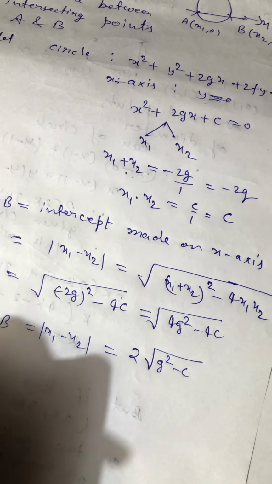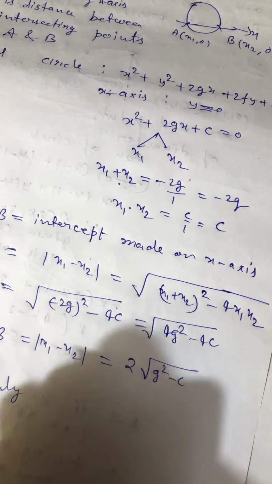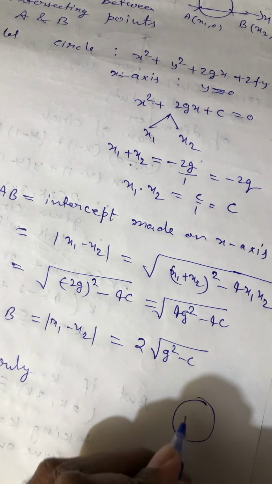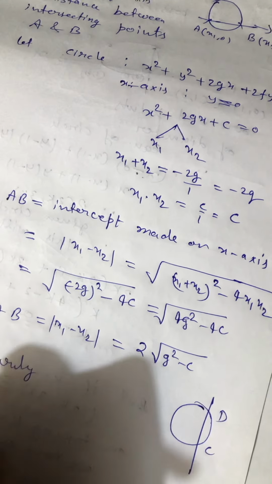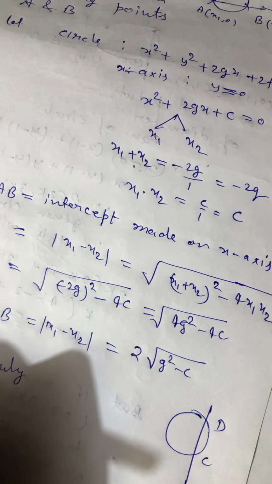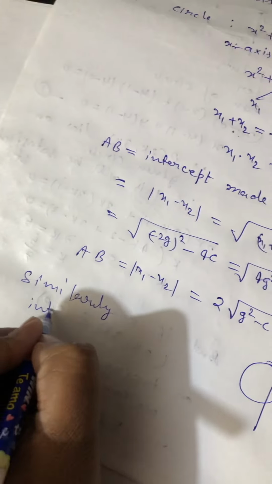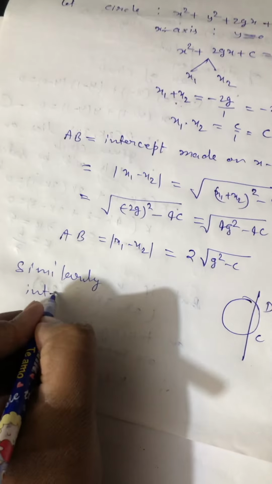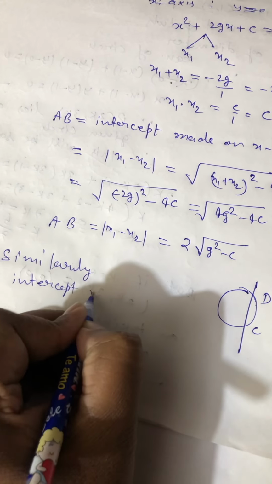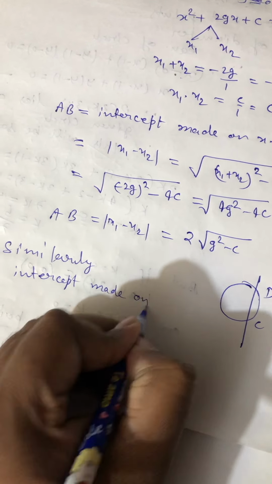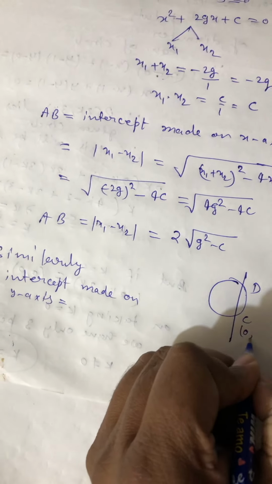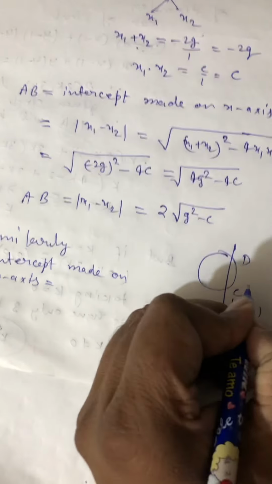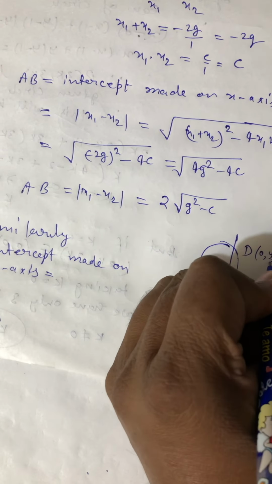Similarly CD, suppose this is my CD, the intercept made on the y-axis, that will be between (0, y1) and (0, y2).